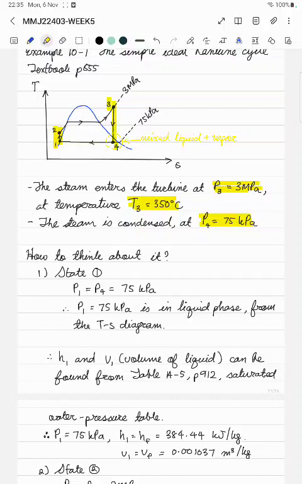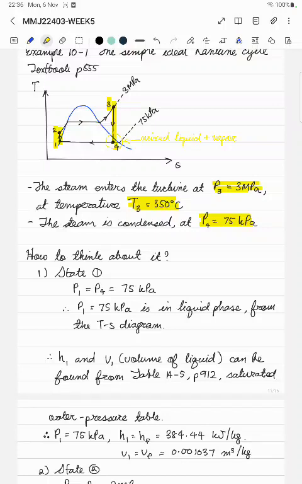We analyze the first state, second state, third state, and fourth state, and then come up with the enthalpy values for each point. Unlike the gas turbine, where we can skip the calculation of enthalpy and go straight to compression ratio or pressure ratio, we cannot do that for a steam turbine because of the phase change characteristic of the working fluid, which is liquid water and vapor.